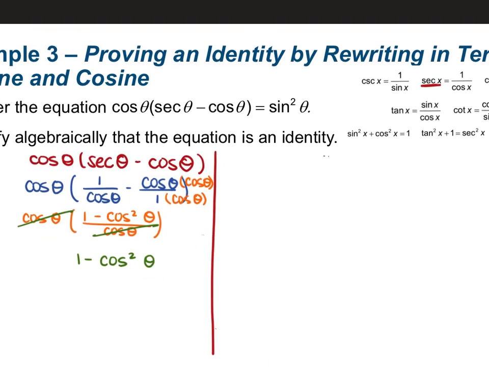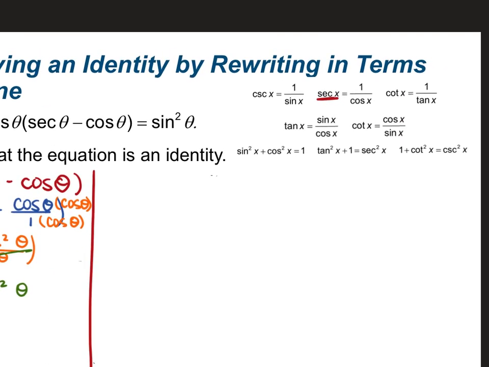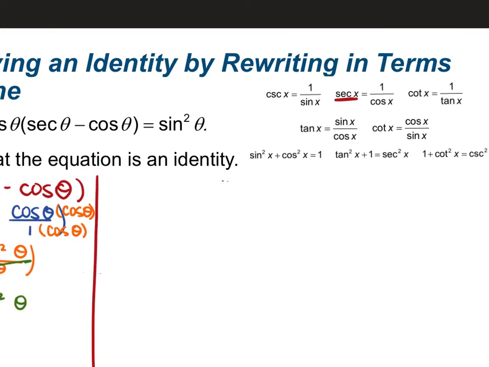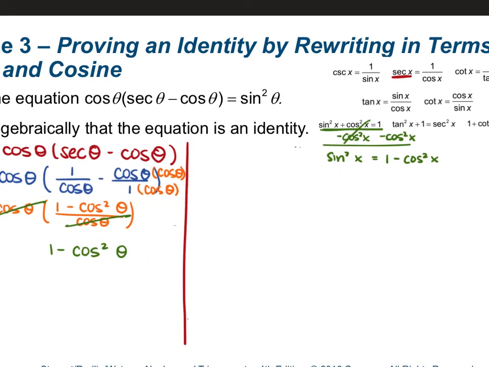Now looking at your identities, I need one that involves a cosine squared and a 1. If we look at this, sine squared x plus cosine squared x is equal to 1. I can move that cosine squared x over by subtracting it from each side, and it leaves me with sine squared x is equal to 1 minus cosine squared x. So look at that. We have the same exact thing here.